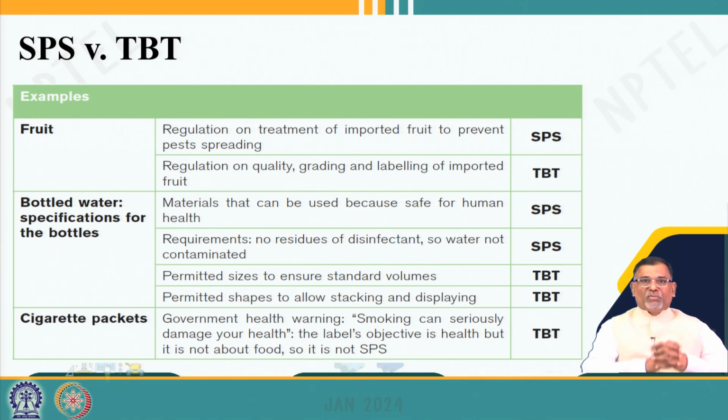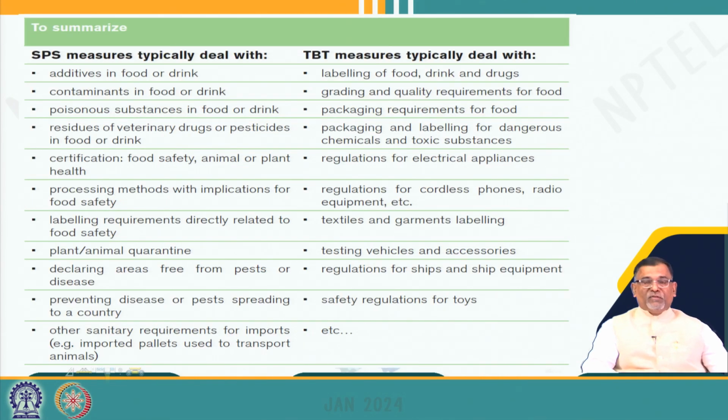But the size of the bottle, the volume, is a TBT measure, and shape, displaying, stacking, etc. are TBT measures. On every cigarette packet there is a health warning, and even the size of the packet is a TBT measure.